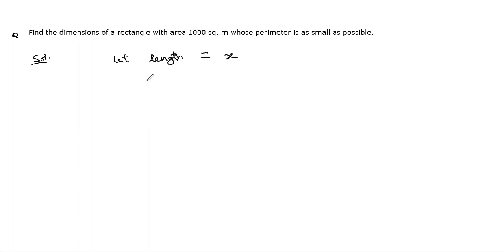Because the area is length into breadth, length into breadth should equal 1000. So the breadth of this rectangle is 1000 over x. So the two values are with me.